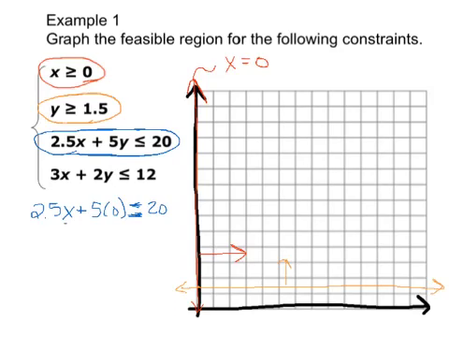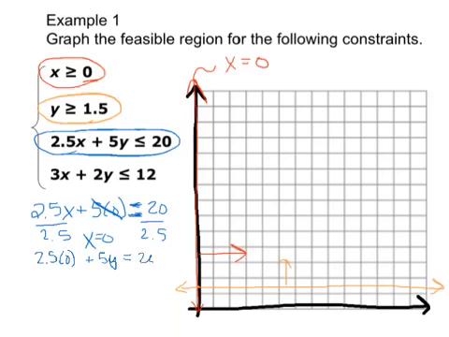So solve for x, divide by 2.5, divide by 2.5. X is 8. Solve for y. Our y-intercept is where x equals 0. So 2.5 times 0 plus 5y equals 20. Y equals 4. I'm sorry, goodness, did I do that? X equals 8. I don't know why I put 0.